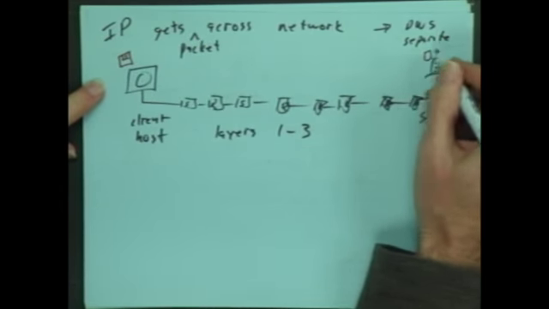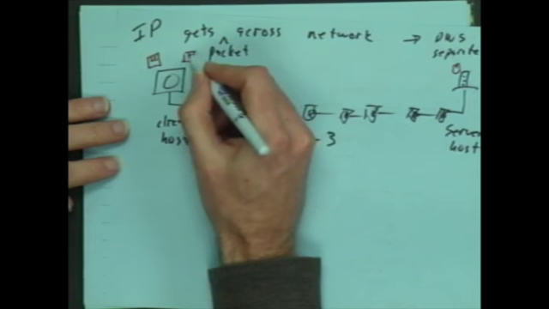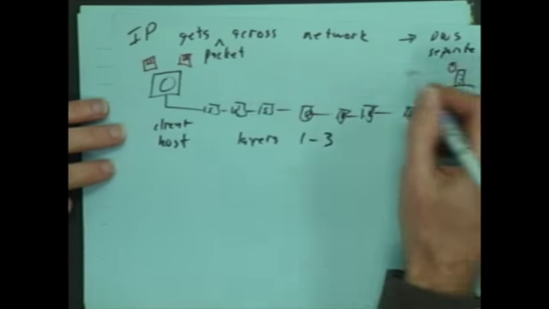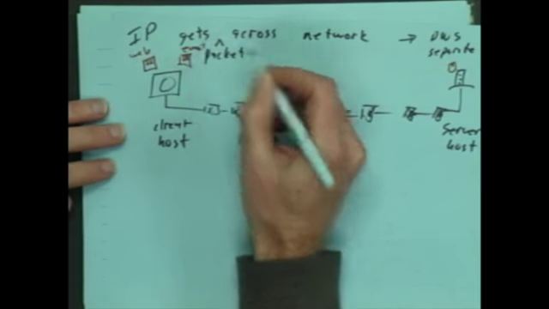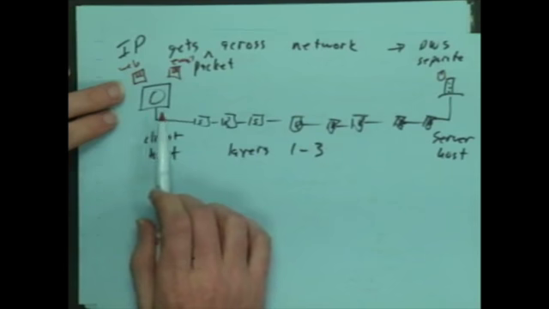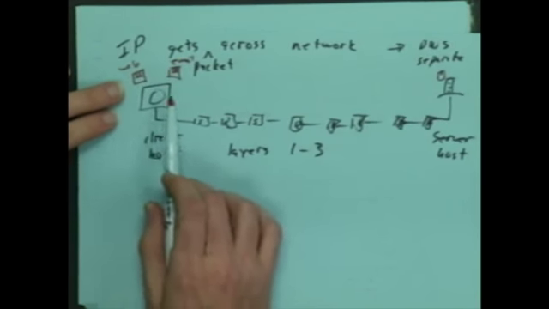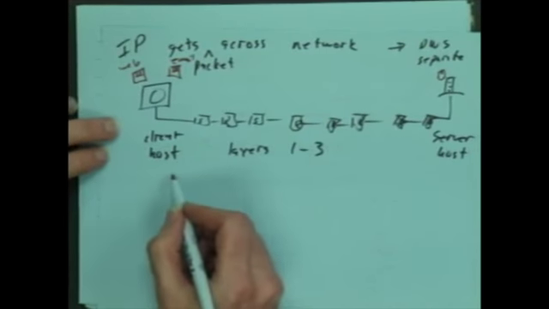Oops, it doesn't look very good. Sorry. So I might have a web browser. I might have email. And I need to be able to say, what program is this data going to?